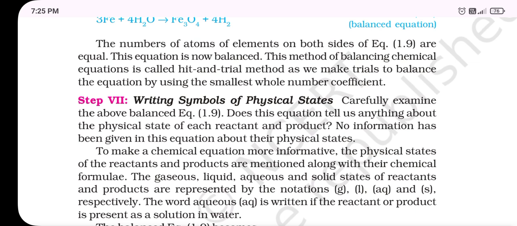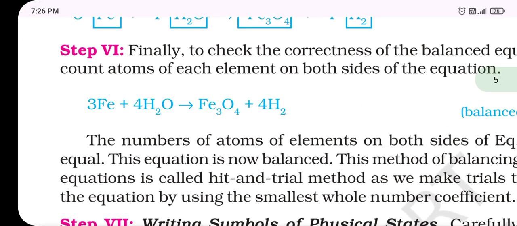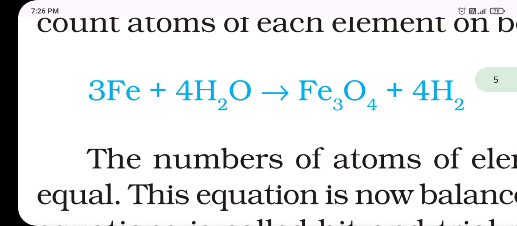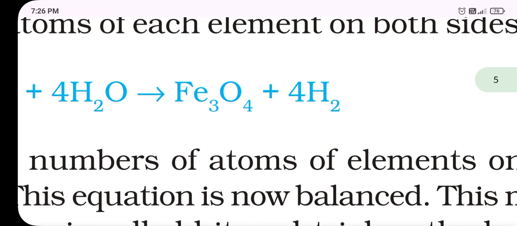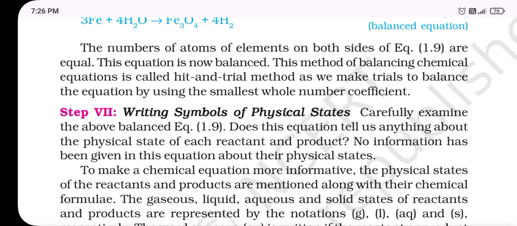Coefficient means the number placed in front. Like the coefficient is 3 in this example. 3 is the coefficient here. 4 is the coefficient of this water molecule, here 1 is the coefficient of Fe3O4, and here 4 is the coefficient of H2. And it says a smallest whole number coefficient.